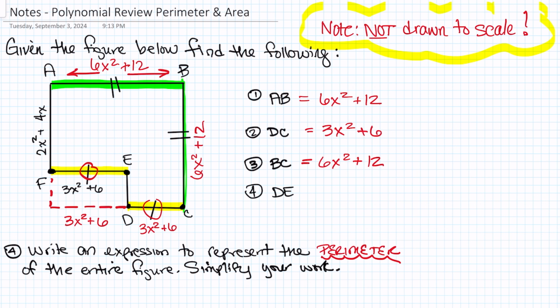And then we need DE. Well, DE is a little bit more work, all right? So DE is right here.